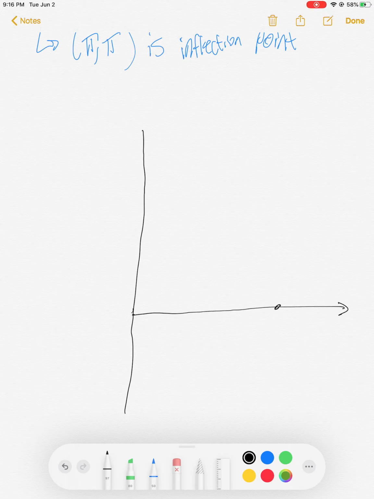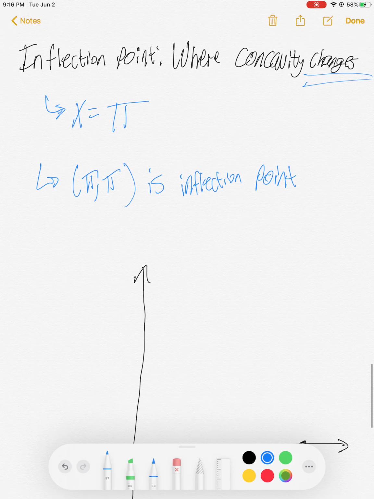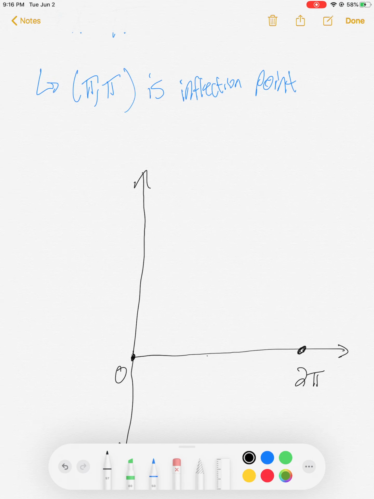So let's go ahead and sketch the plane. I'm going to start it at x equals 0. There's no reason to go any further to the left in this case. 2 pi is here, 0 is here. So let's first go and find a few of these important points.